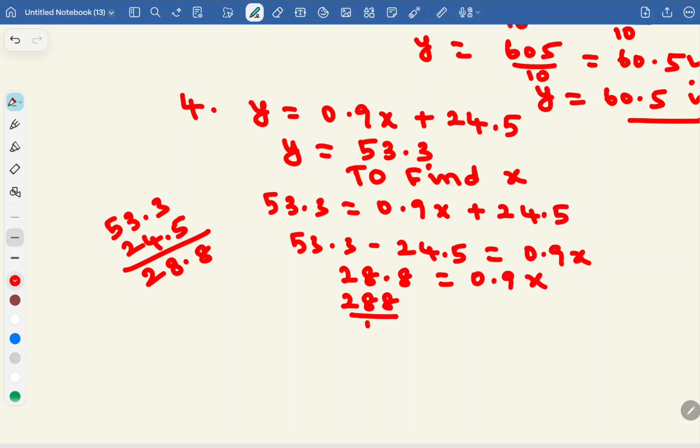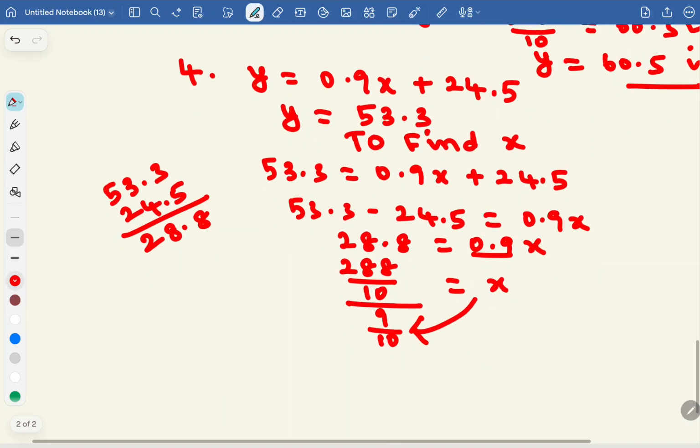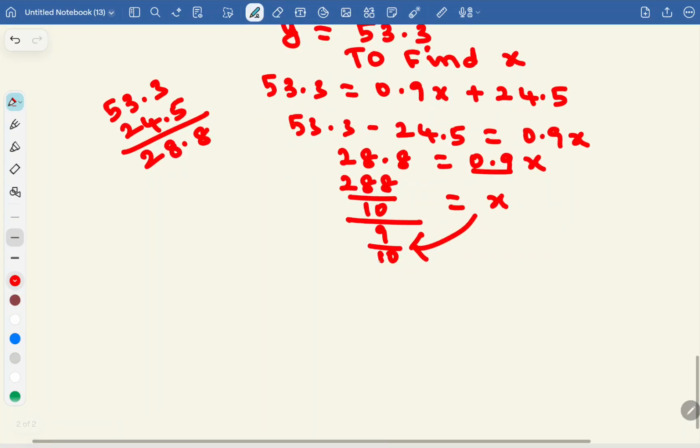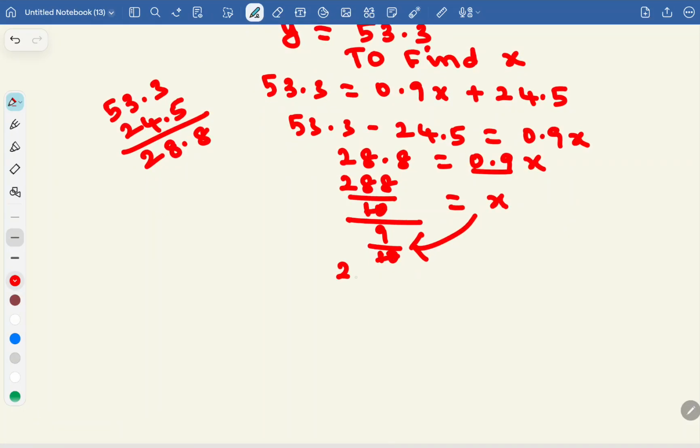28.8 means 288 by 10, divided by 9 by 10, which is equivalent to x. This 0.9 is 9 by 10. I am shifting from RHS to LHS. These 10s will get cancelled. 288 divided by 9 is equivalent to x. What is x?